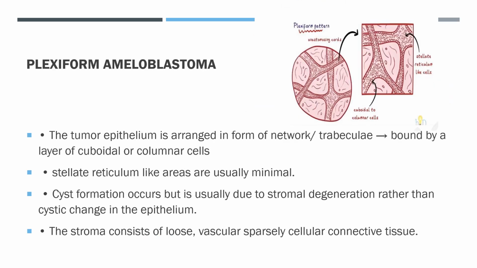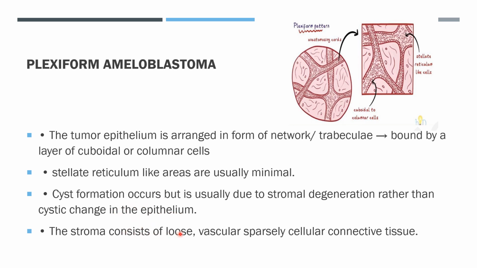Coming to the plexiform ameloblastoma, the tumor epithelium is arranged in the form of a network or trabeculae bound by a layer of cuboidal or columnar cells. Stellate reticulum-like areas are usually minimal. Cyst formation occurs but is usually due to stromal degeneration rather than cystic changes in the epithelium.